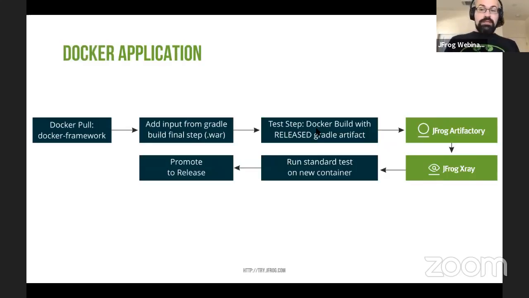Once it is tested and the test is successful, we're going to deploy it to Artifactory and run the JFrog Xray test on it. If everything is okay and we have approval from Xray, then we can run some more tests, and if everything looks good, we're going to promote this artifact to release, and that will be our product release.